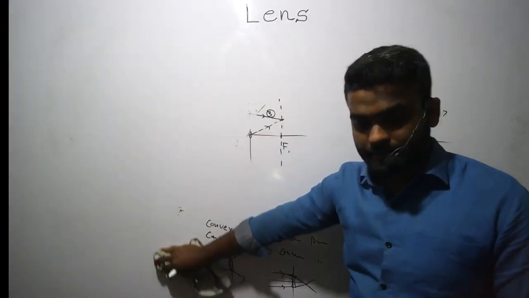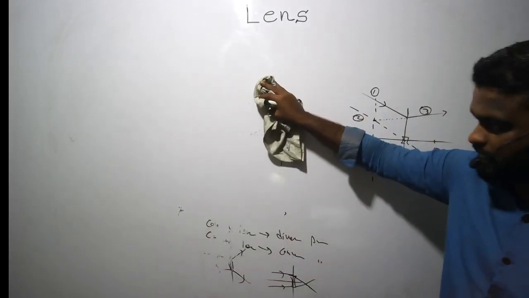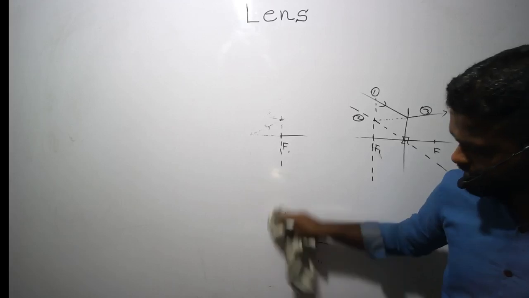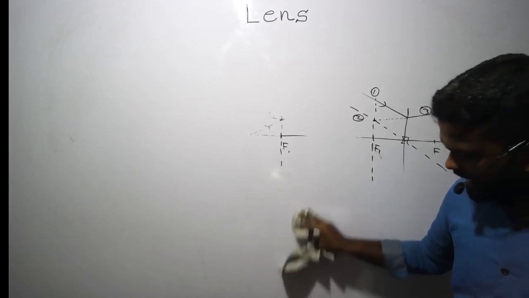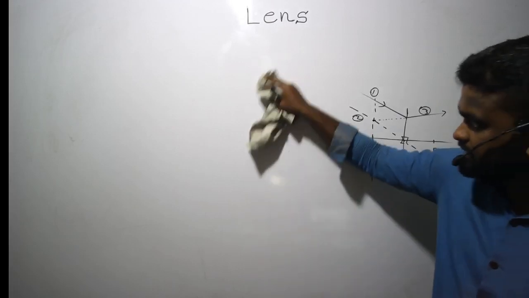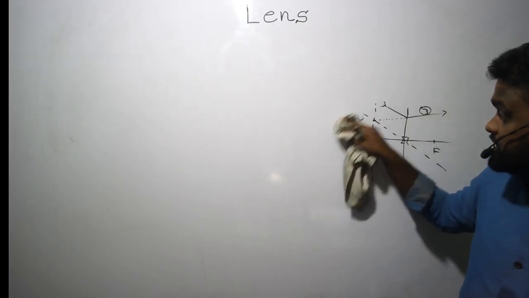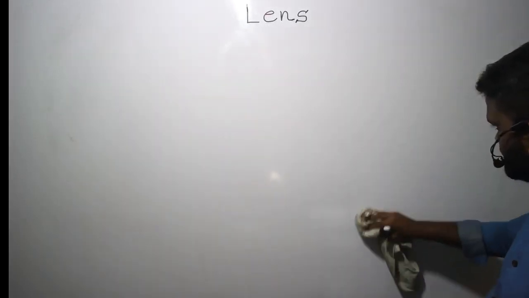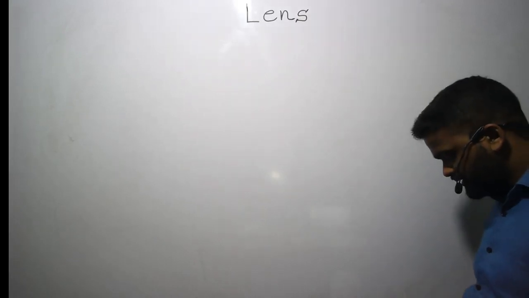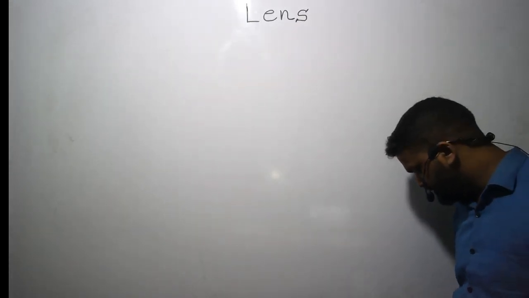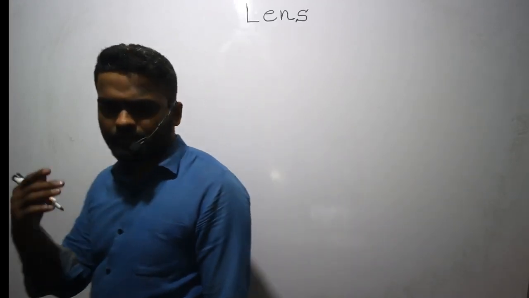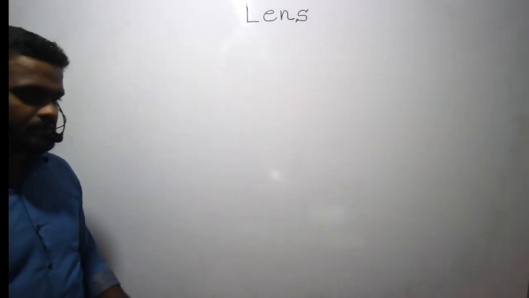Then write the subtopic: lens equation and sign convention. Right? So you know that we can actually derive the lens equation.